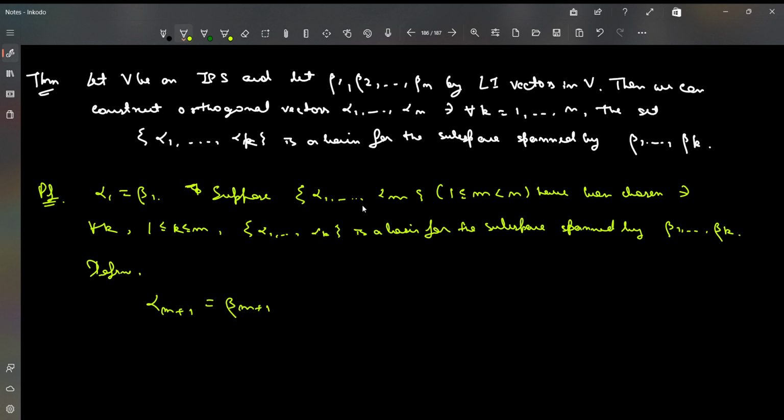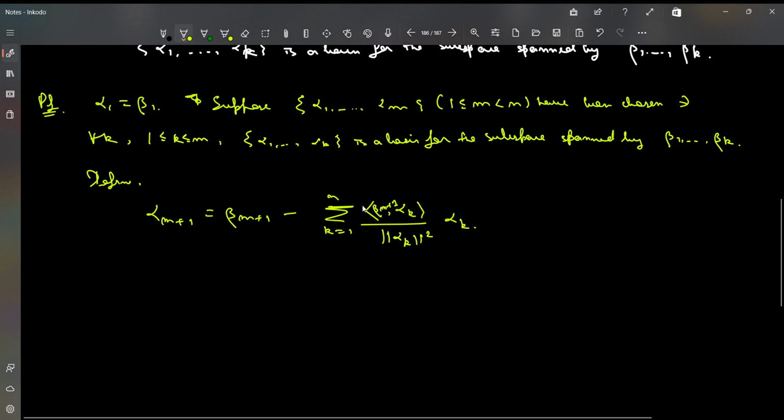Beta m plus 1 we already have because we already have n elements beta. Clear? Yes, here we have beta m plus 1.